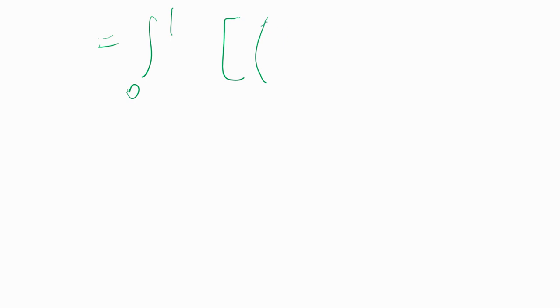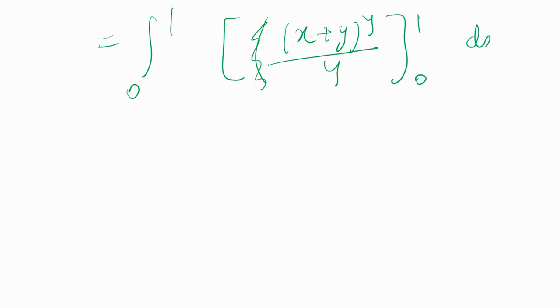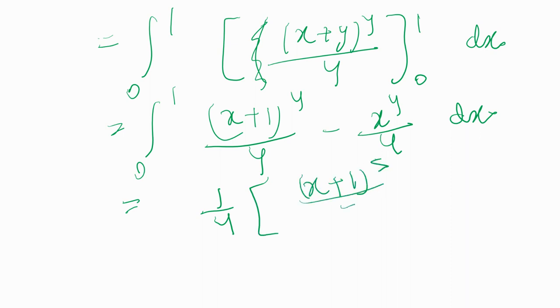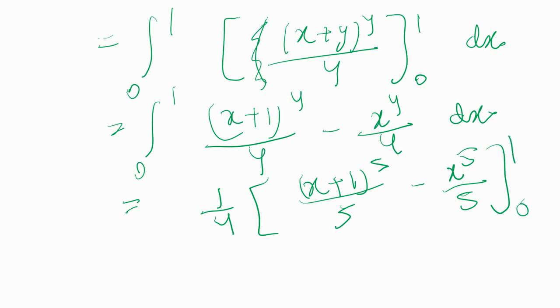It will be x plus y to the power 4 upon 4, with limits of y, dx. So it will be x plus 1 to the power 4 upon 4 minus x to the power 4 upon 4, dx. Now 1 upon 4 will come out: x plus 1 to the power 5 upon 5 minus x to the power 5 upon 5, limits from 0 to 1.